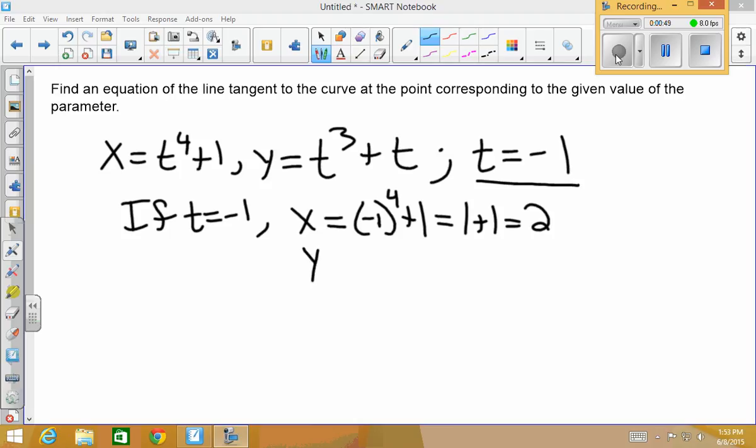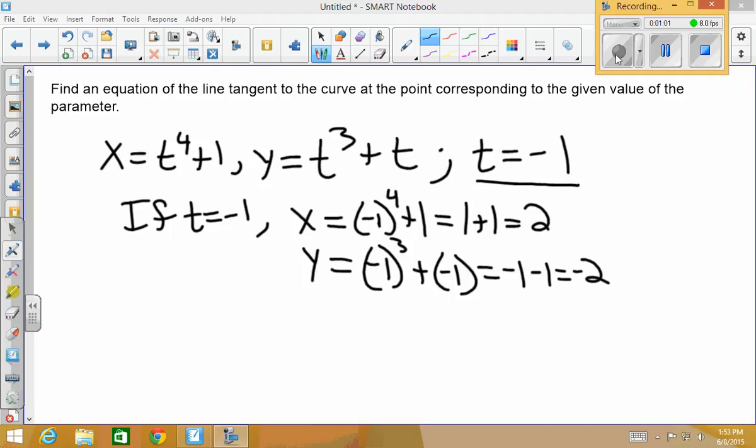And y is equal to -1 cubed plus -1. That's going to be -1 minus 1, which is -2. So our point corresponding to t equals -1 is the point 2, -2.